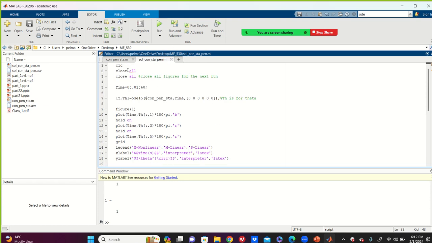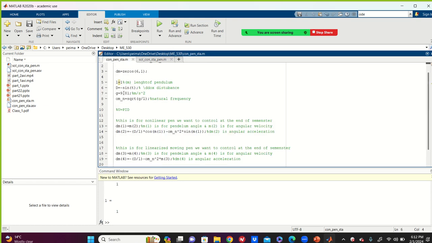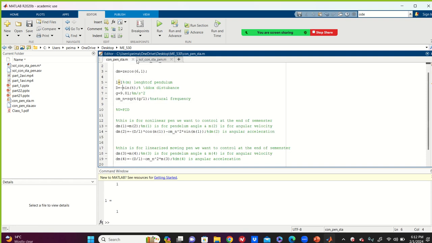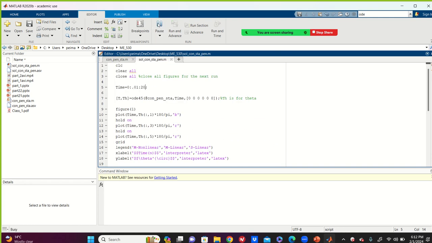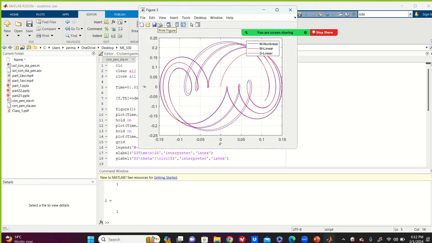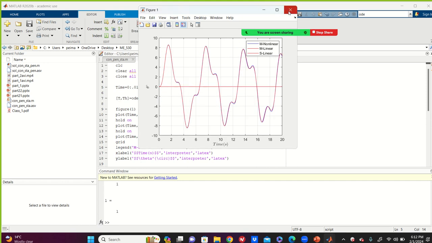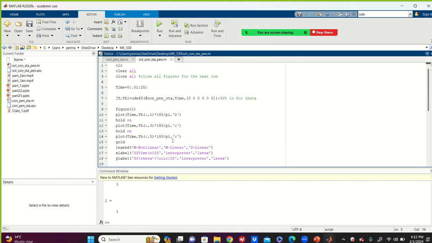Okay, now let's see what's the difference between them. First, let me check everything. And I'm gonna make it 20 seconds to visualize what I'm talking about. This is sine of t, the disturbance to the system. Here we go. Okay, before going here. Oh, what's that?